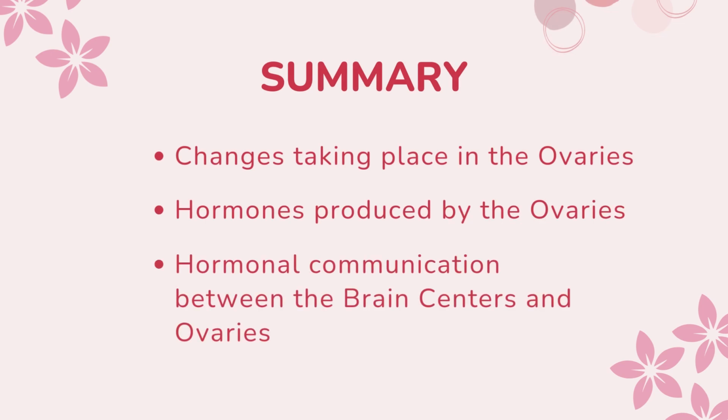In summary, we have explored three key processes in this chapter: the changes happening in the ovaries during the menstrual cycle, the hormones produced by the ovaries as they go through these transformations, each hormone playing its part in this intricate dance, and the hormonal interplay between your brain and ovaries, orchestrating the follicular and luteal phases of your cycle.